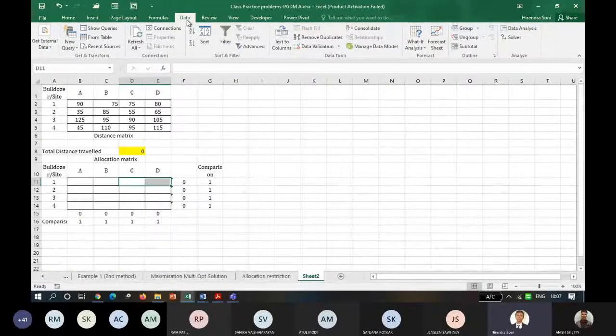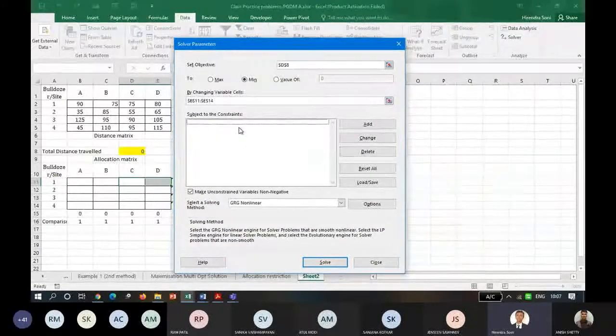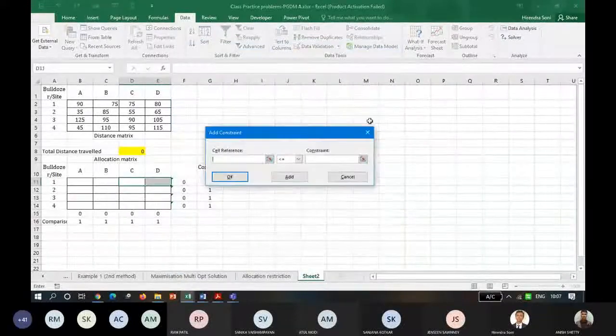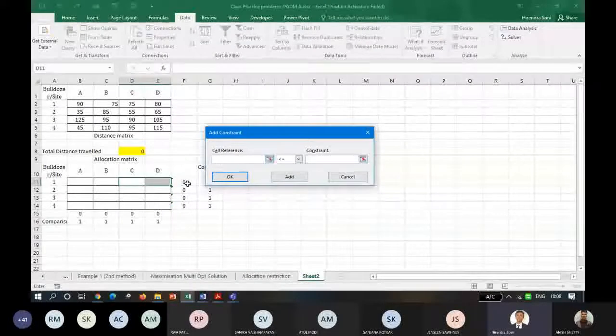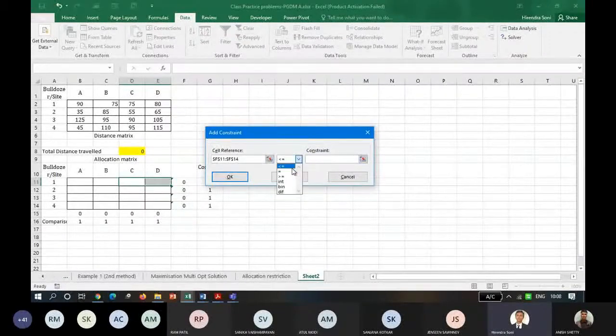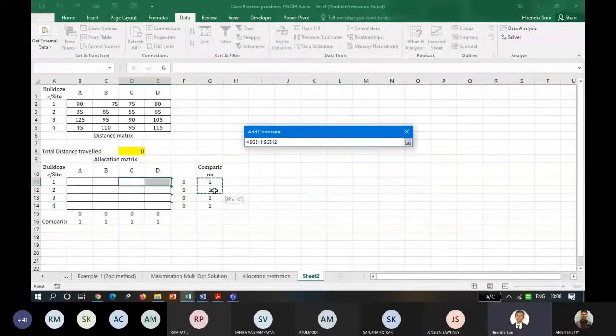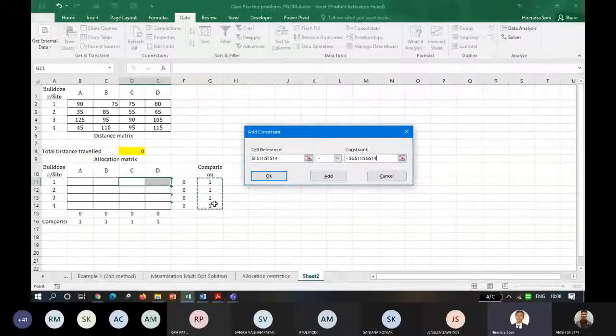Okay. So I'm going again back to Solver. I'll click on Solver. Now I will start adding the constraints. What would be the constraints? Cell reference clicked. These values should be equal to these values. इसी तरह से हमको कॉलम के लिए भी ऐड करना पड़ेगा. So click on Add. This has got added.